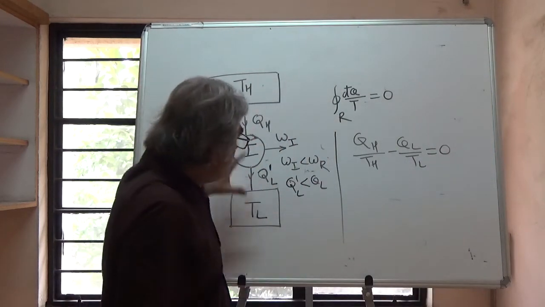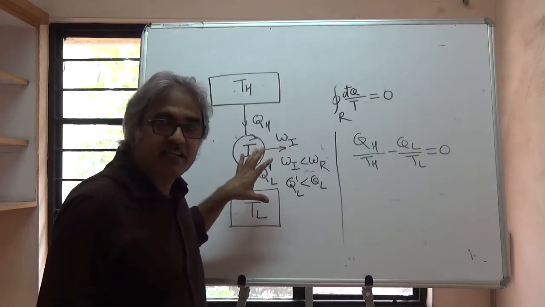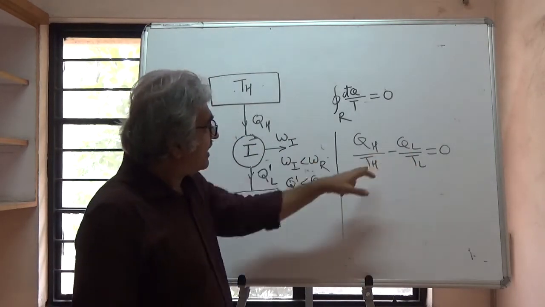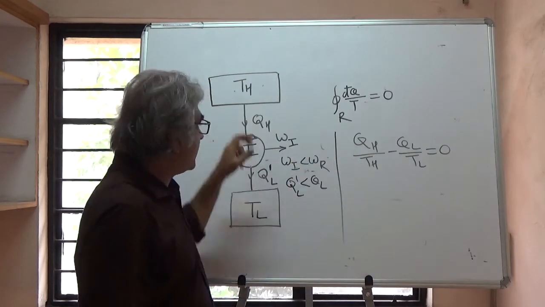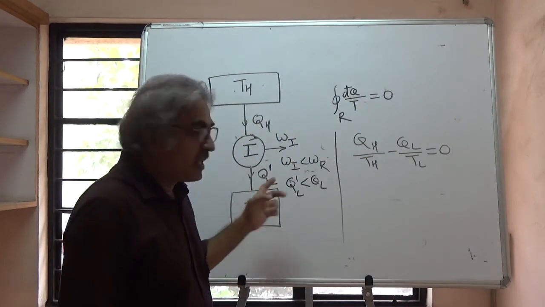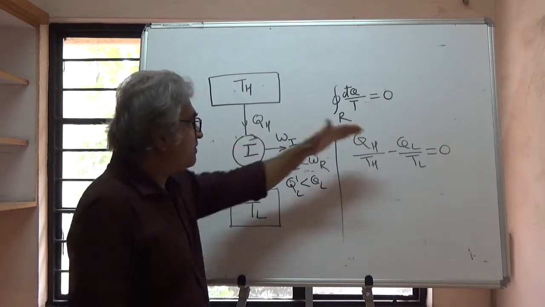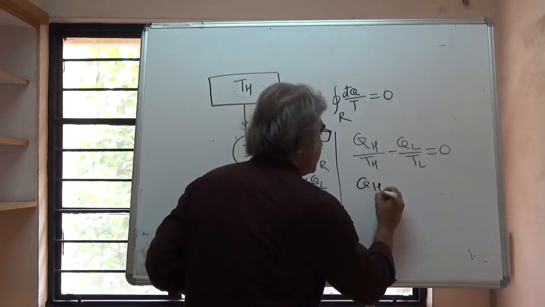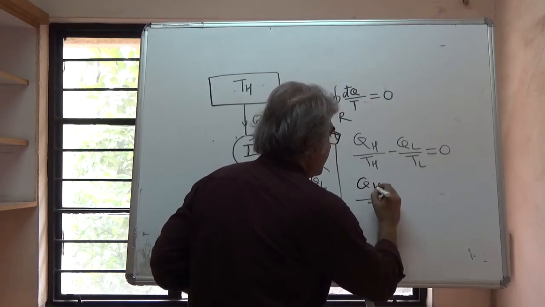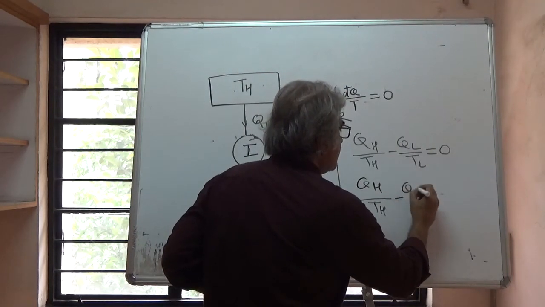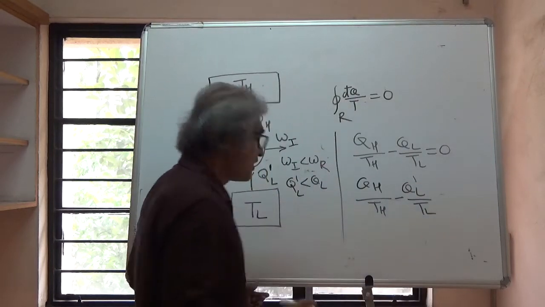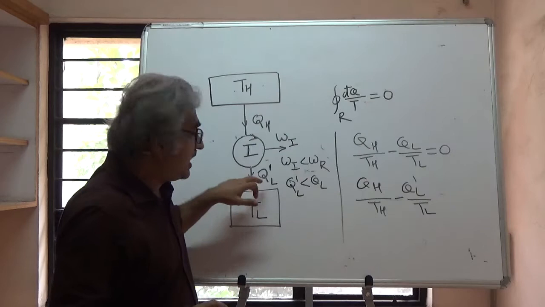Now suppose this engine is irreversible. That means TH, TL are same, QH is also same. What about QL dash? If you write the same expression for the irreversible engine, it is QH by TH minus QL dash by TL. QL dash, please note.